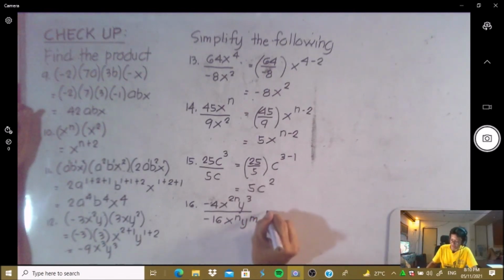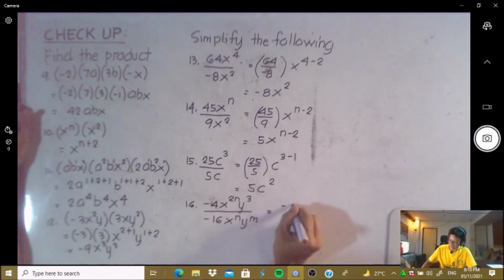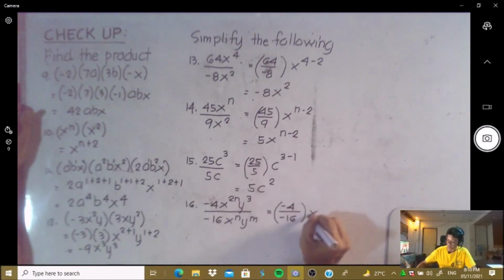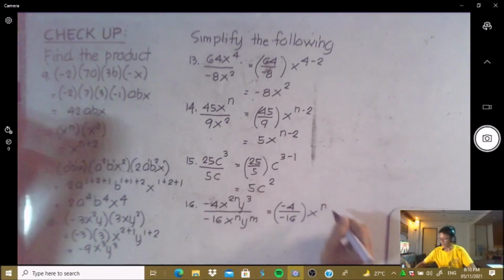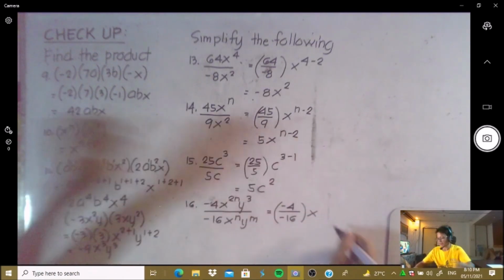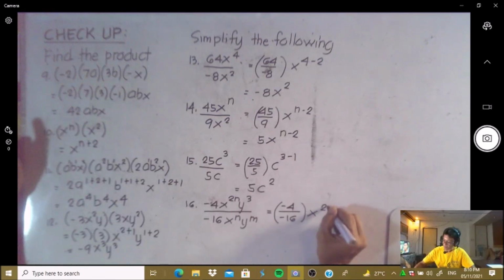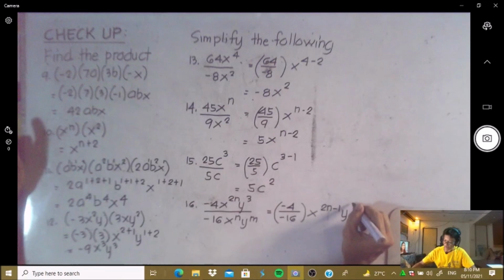And therefore, we have negative 4 divided by negative 16, put it in parentheses. Then we have x raised to 2n minus n. Then y raised to 3 minus m.